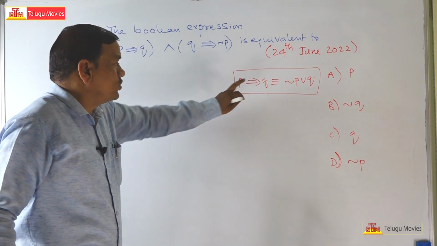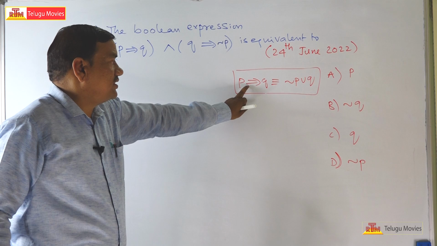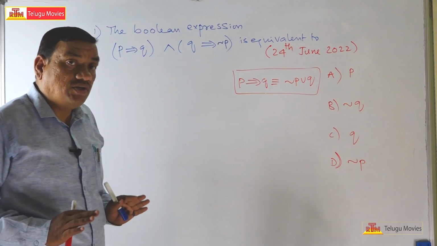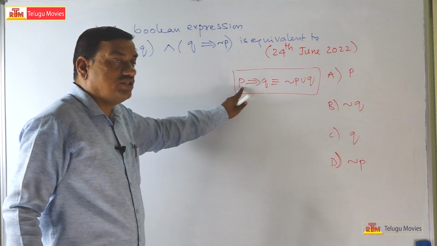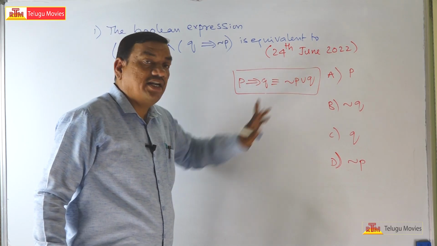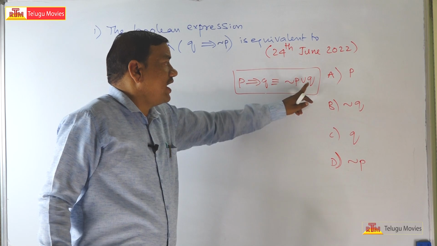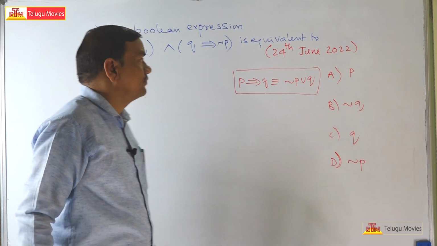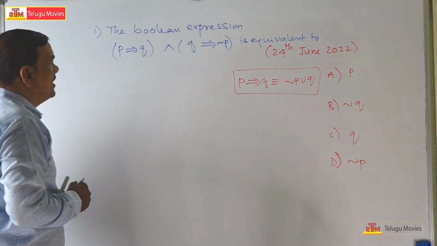What does that mean? If you want to remove this implies, what do you have to do? For the first statement, take the negation, the connective is or, and the second statement stays as it is. Same formula applies here.